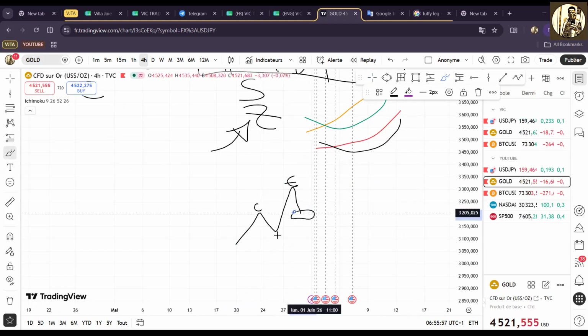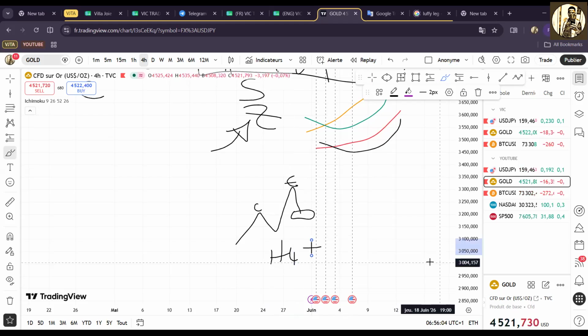That's why you execute. And that zone must be in the time frame H4 and above, like H4, daily, weekly, monthly, because those time frames have more power.